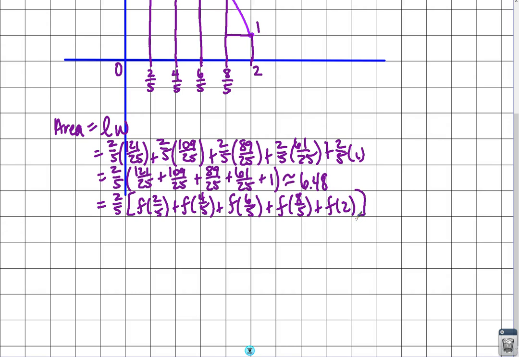That's how I came up with the area. Well, I need to get a more generalized rule than that. So I'm going to label each of these terms as i equals 1, i equals 2, because this was the first iteration, second, third, fourth, fifth.